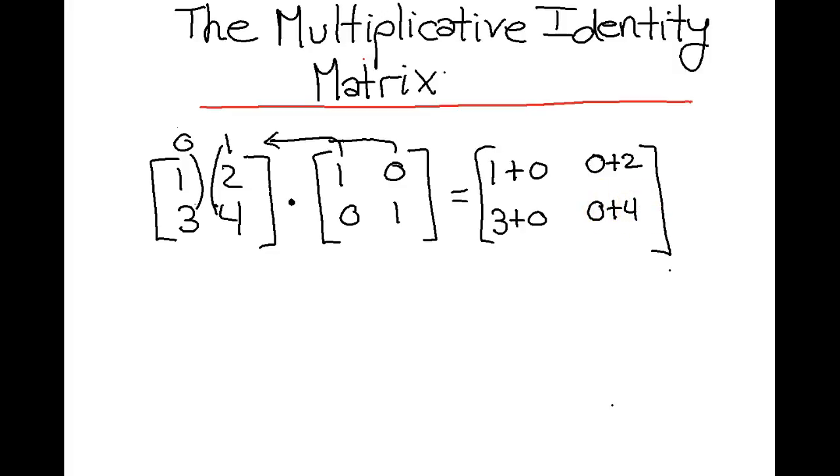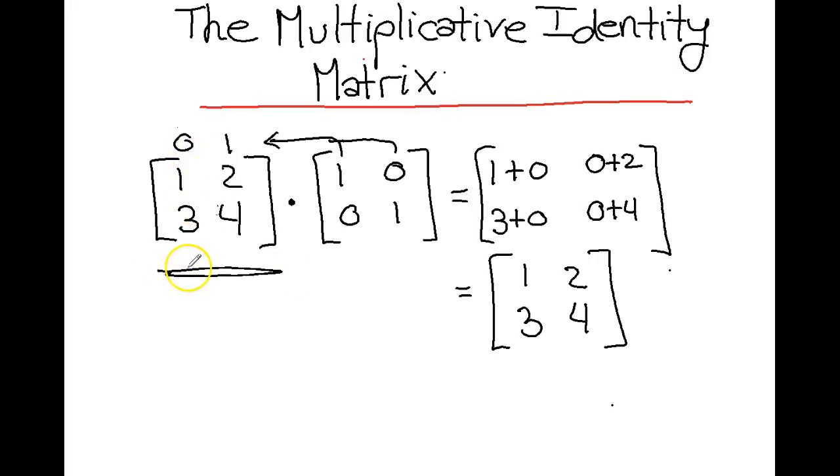And when I simplify, I get 1, 3, 2, 4. And you can see that my resulting matrix is the same as the matrix I started with. This matrix here is the same as this matrix. So when you multiply by the multiplicative identity matrix, you can see that it doesn't change the matrix.